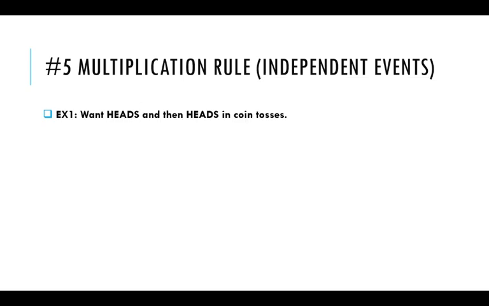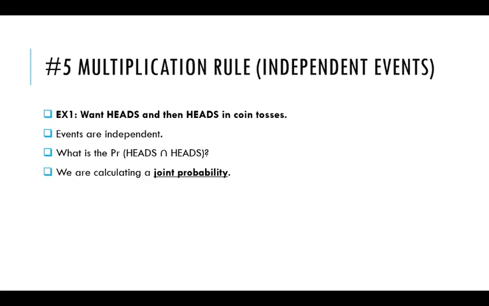All right, so let's do this example. We want heads and then heads in our coin toss, under the assumption that these events are independent, which would be the correct assumption. So what is the probability of heads intersection heads, which means heads and heads, keeping in mind that what we're calculating is a joint probability? Well, I need to use the multiplication rule for independent events.